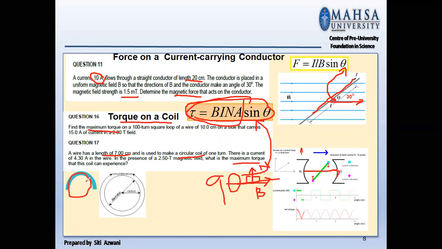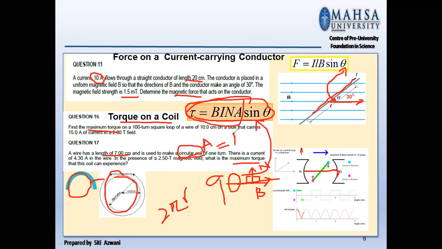Then you have the circumference of your circle here, so you need to use 2 pi r. Because you want to calculate the area of your coil. So how to calculate the area? You have pi r square.